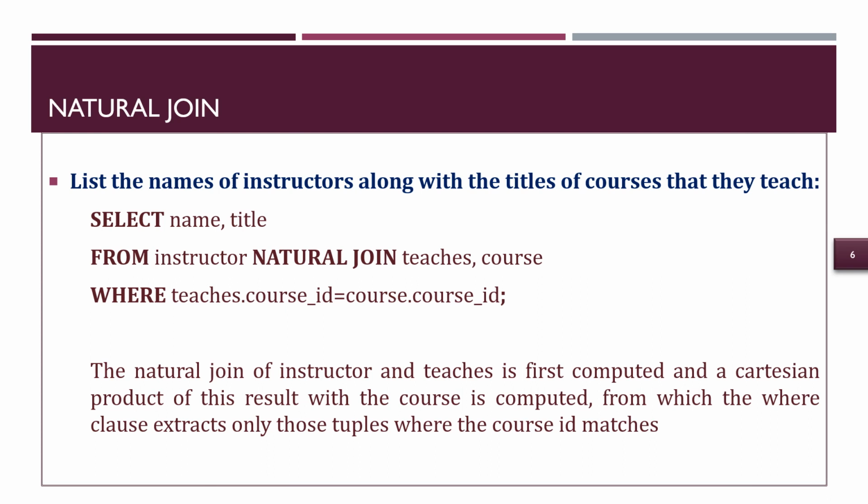Only the titles of those courses taught by the instructor need to be displayed. So we'll be checking whether teachers.course_id is equal to course.course_id. First it performs the natural join between the instructor and teachers tables, then the Cartesian product between the resultant relation and the course table.